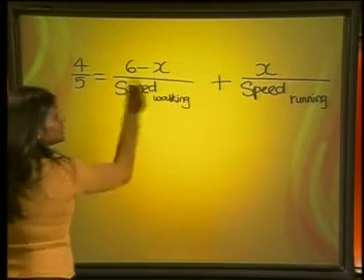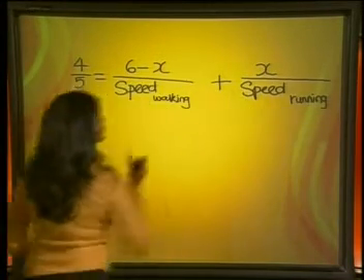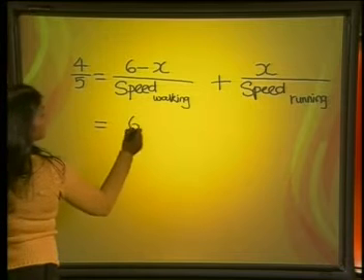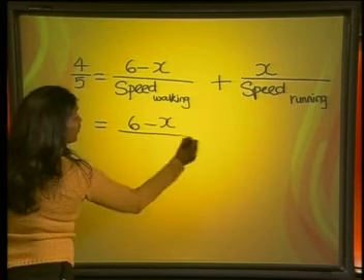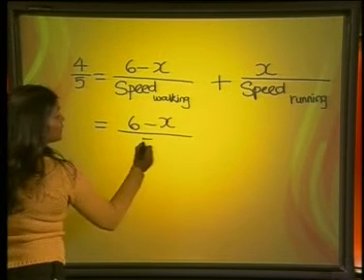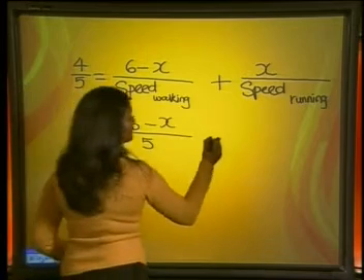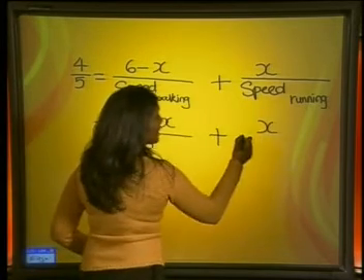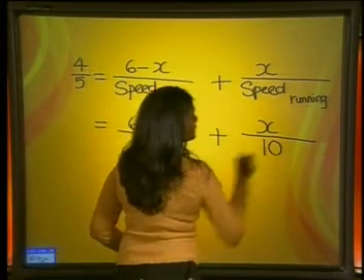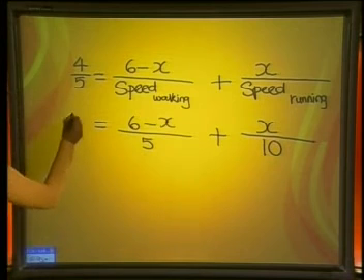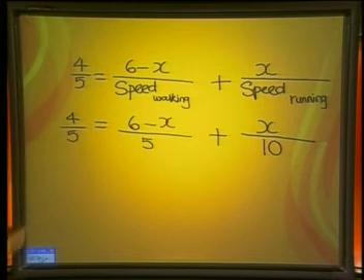Now we know these values already, so let's substitute them. The speed walking is 5 kilometers per hour. The speed running is 10 kilometers per hour. Let's just rewrite 4/5.